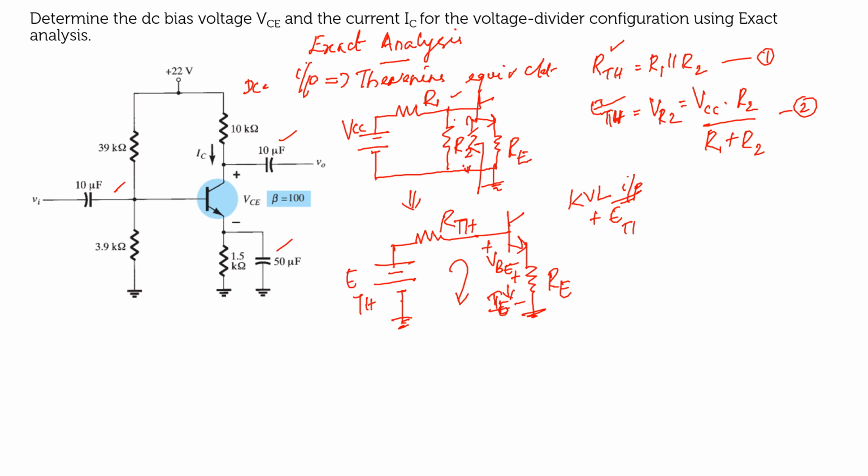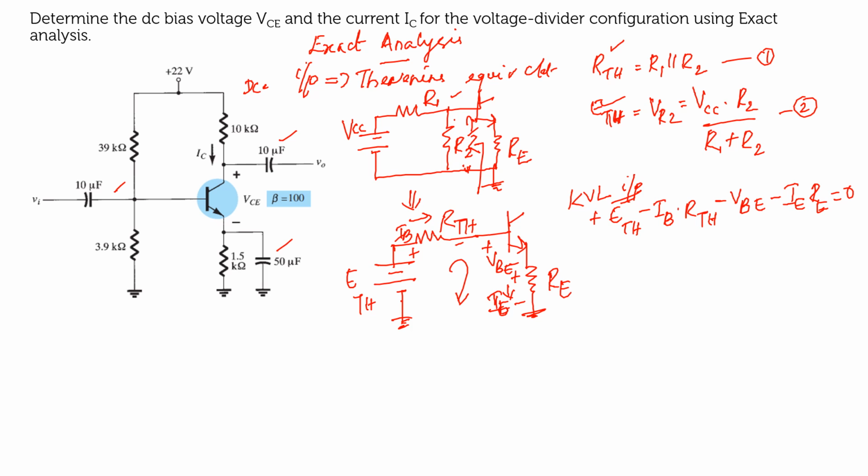Then here plus to minus, let me assume the current here as IB, so minus IB into RTH. Then here plus to minus, so minus VBE, again plus to minus, so minus IE into RE is equal to 0.